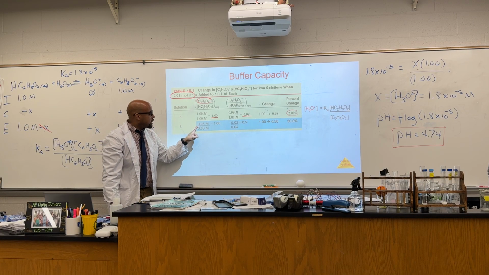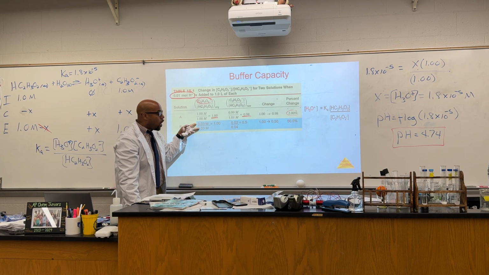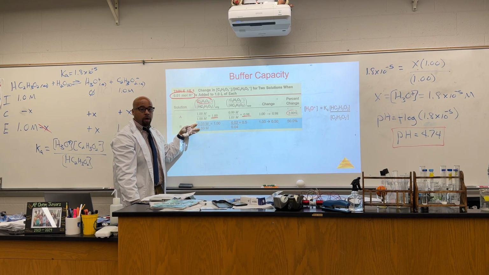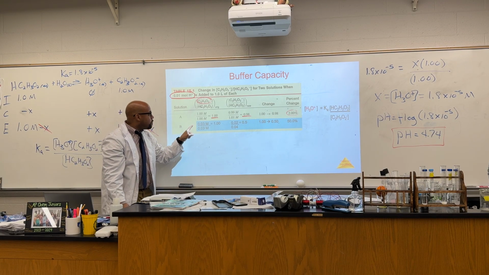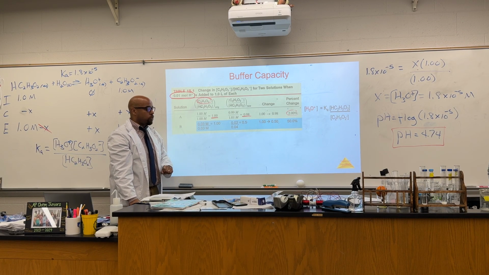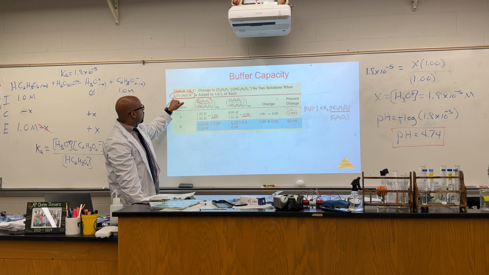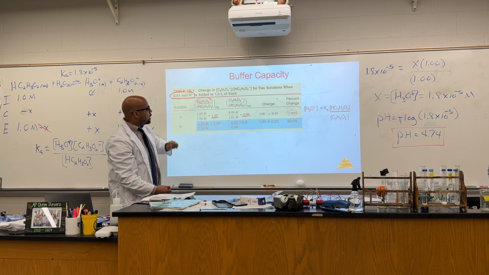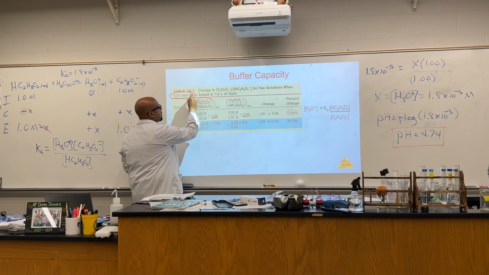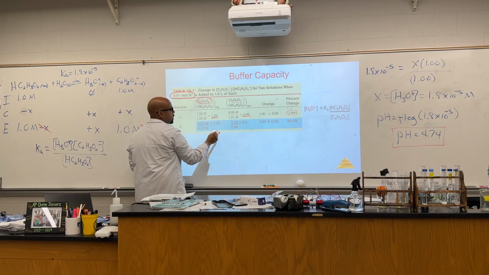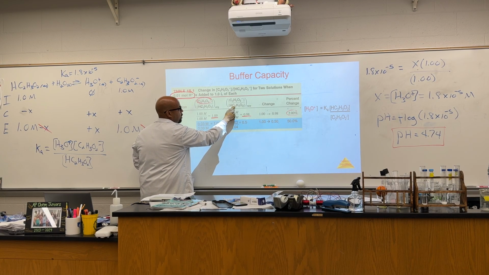Right here, it simply says, if I had a low concentration of the two that I started off with, so instead of starting with 1 molar and 1 molar, say I started with 0.03 molar and 0.03 molar. If I add this same 0.01 molar H plus, once again I know who's going to attack it. It's going to be the base. As the base is being used up, I'm going to start producing some of that weak acid.